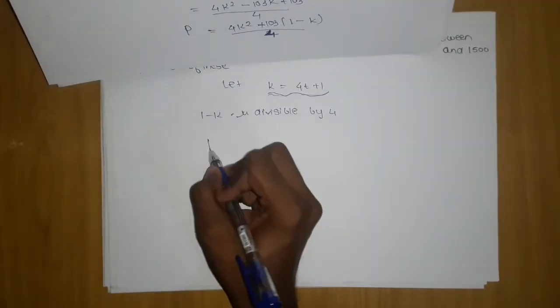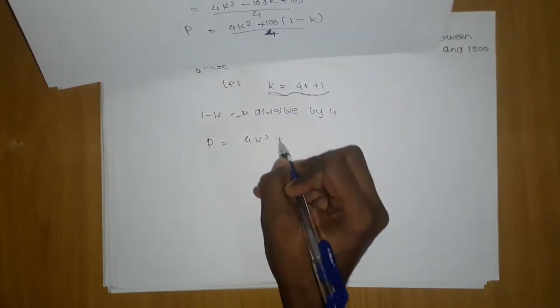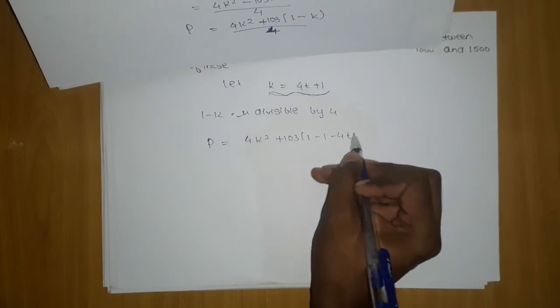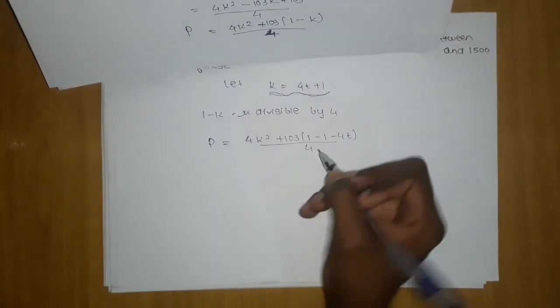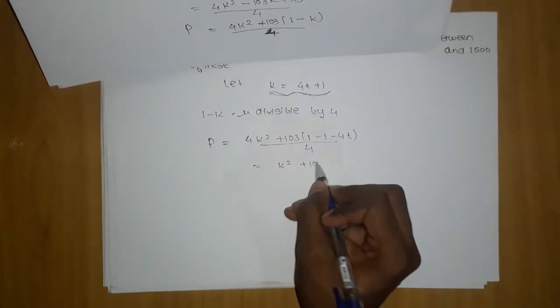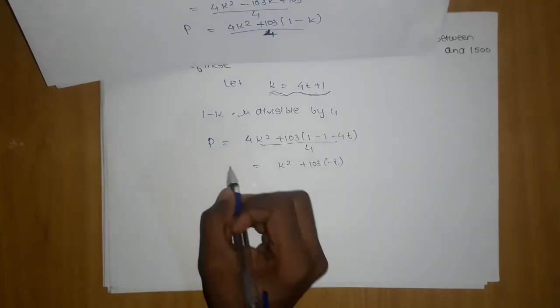Now let's substitute the value, k equals 4t plus 1. So if I substitute into 4k square plus 103 into 1 minus k upon 4, here you can clearly see k square plus 103 into minus t, and here p.